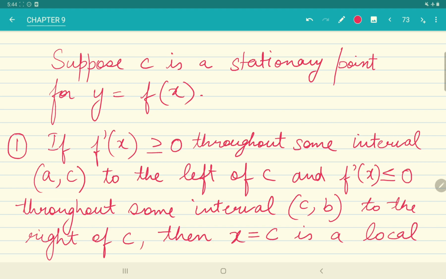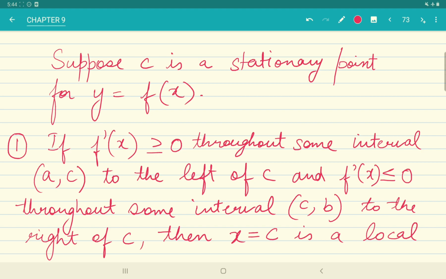Now what we see here is that f prime x is greater than or equal to 0 throughout some interval a to c to the left of c, and it is less than or equal to 0 throughout some interval c to b to the right of c.